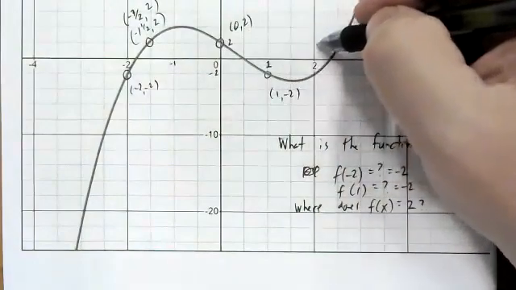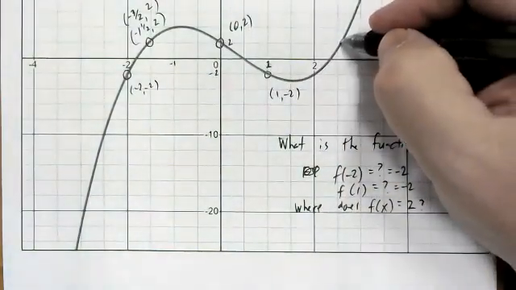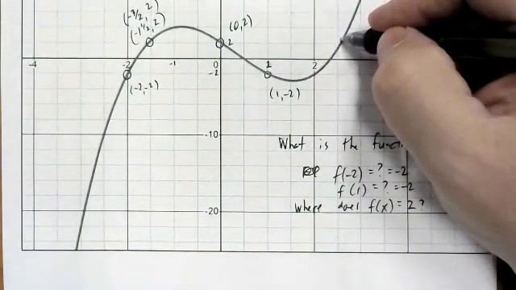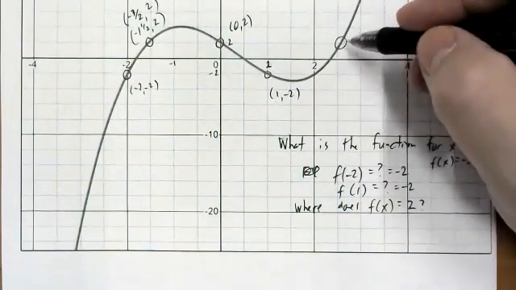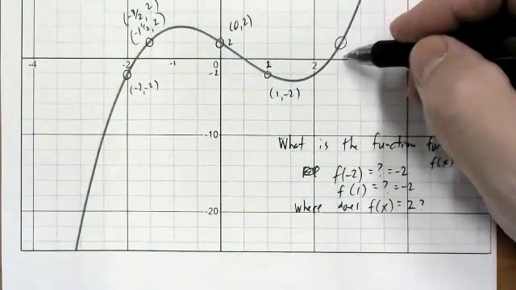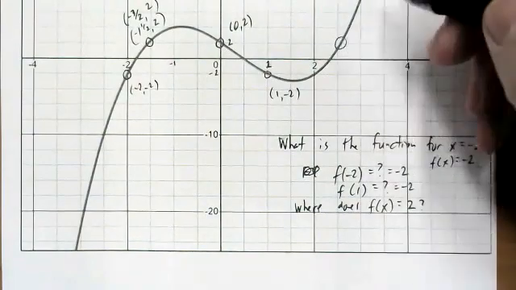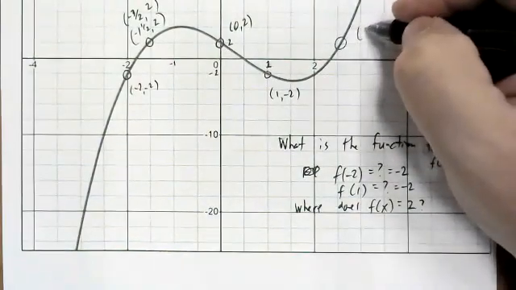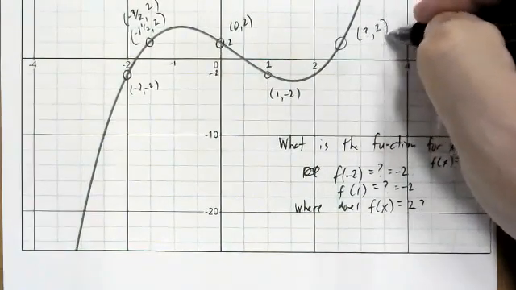And then it looks like there's actually one more. Now here's a case where sometimes when you look at a graph, it's not always so easy. Because 2.5 is right here, but it's a little bit past it. So in a sense, I really don't know precisely what that value is there.